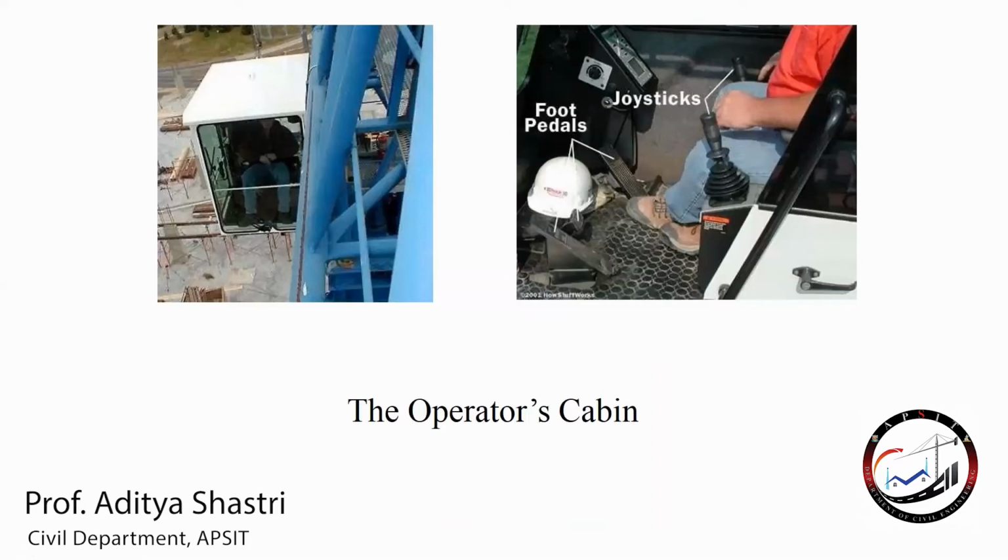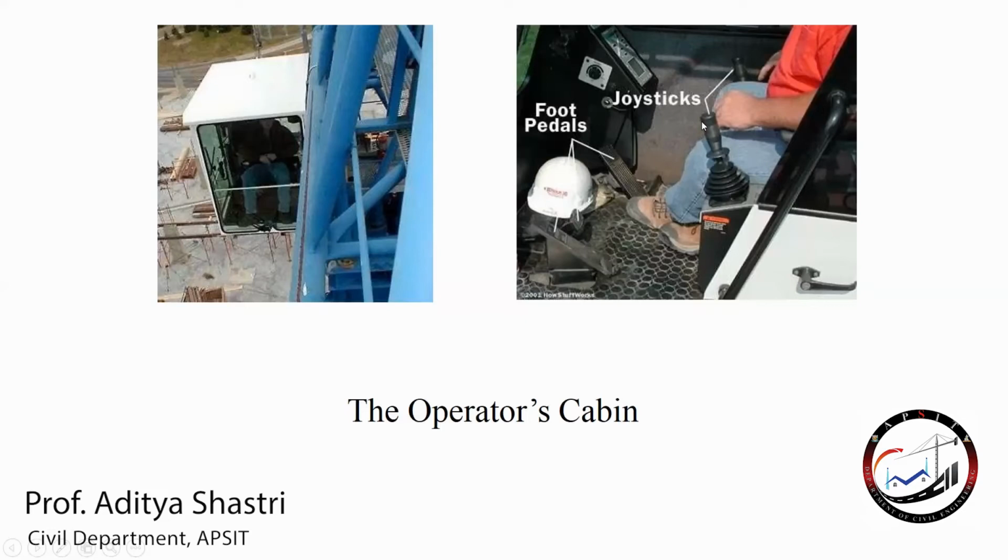This is your next part of the tower crane, that is the operator's cabin. Inside the operator's cabin you could see this person, who is the crane operator. Okay, he has certain foot pedals with the help of which he can control, as well as the joystick.